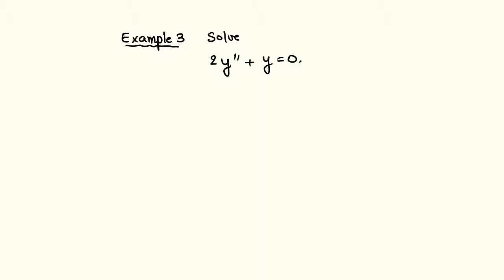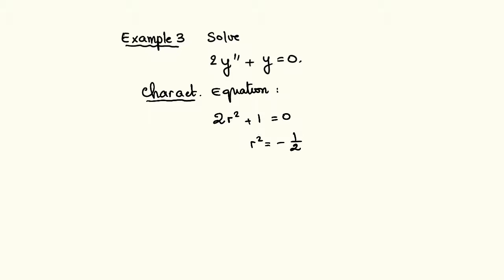Well, again, first step is the characteristic equation, which in this case is simply 2r squared plus 1 equal to 0, which means that r squared is minus half, which means that r is either plus or minus the square root of half times i, which I can write as square root of 2 over 2 plus or minus times i.